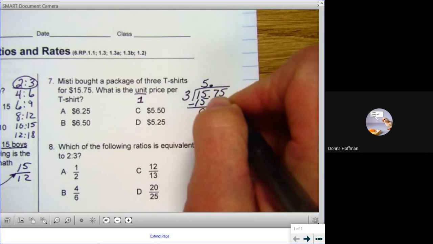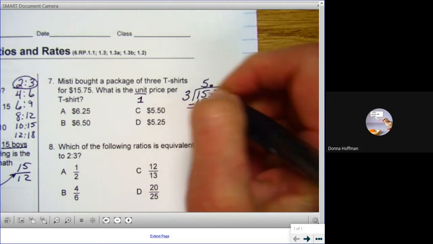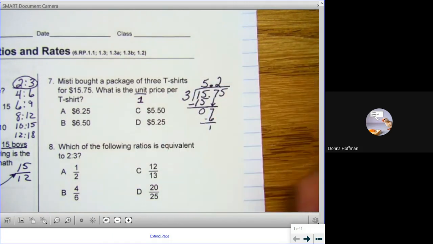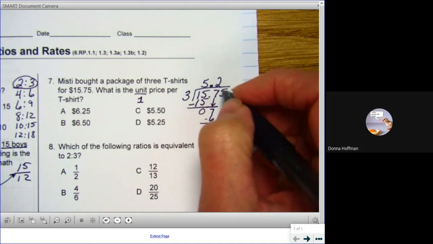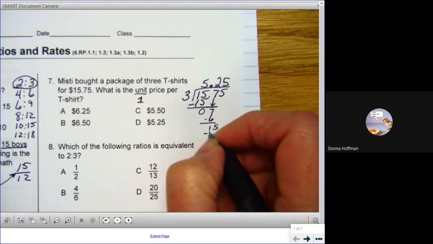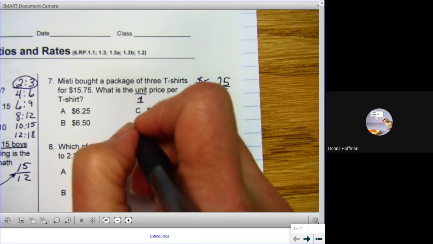Uses them all up. Bring down your 7. Sets of 3 out of 7, you would get 2. Uses up 6. Bring down your 1 for your remainder and drop down your 5. There we have 15. Uses them all up. There you go. Each t-shirt is $5.25. The answer would be D.